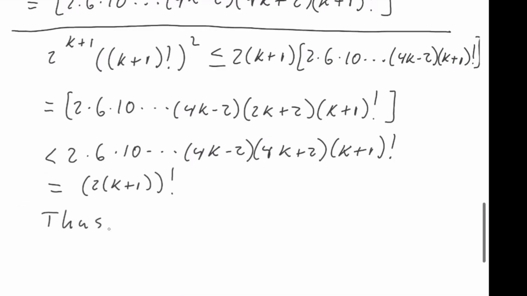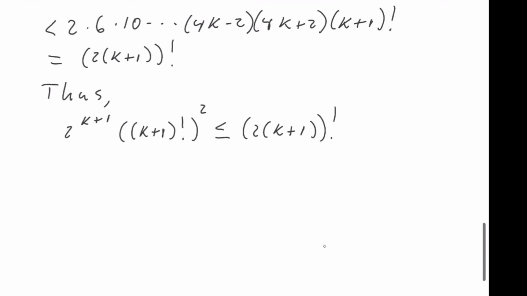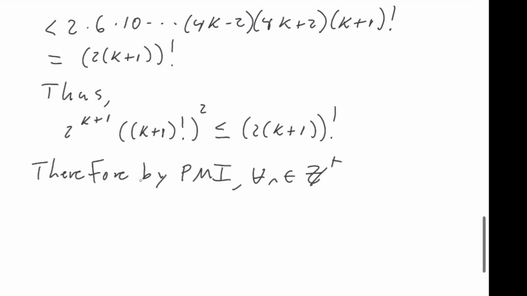Thus, I was able to show 2 to the k plus 1 times k plus 1 factorial squared is less than or equal to 2 times k plus 1 factorial. Therefore, by PMI for every n contained in the positive integers, we know 2 to the n times n factorial squared is less than or equal to 2n factorial.